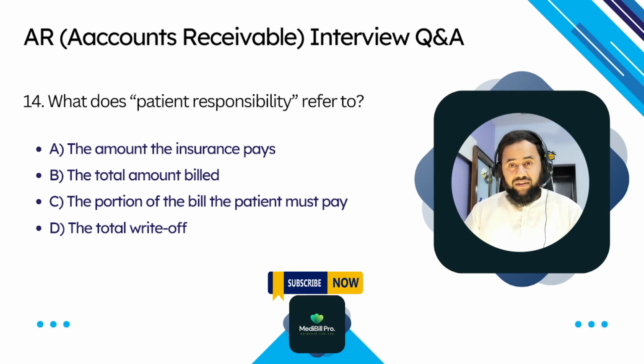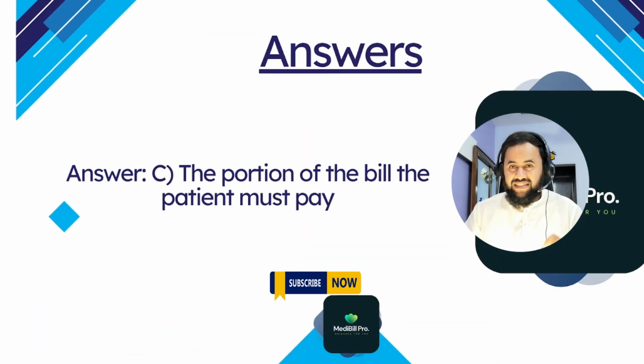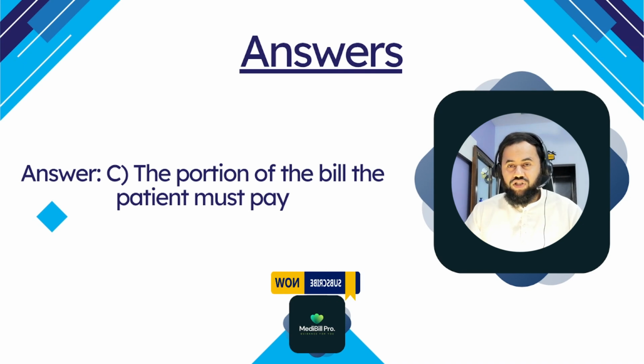What does patient's responsibility refer to? Option A is the amount the insurance pays, option B is the total amount billed, option C is the portion of the bill the patient must pay, and option D is the total write-off amount. So what should be the answer? That is option C, the portion of the bill the patient must pay.